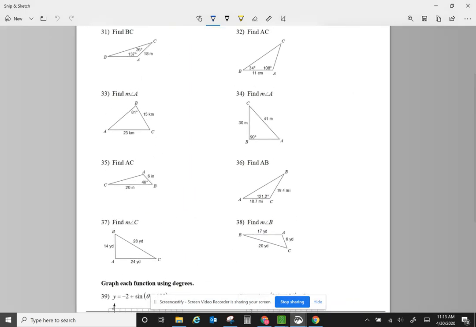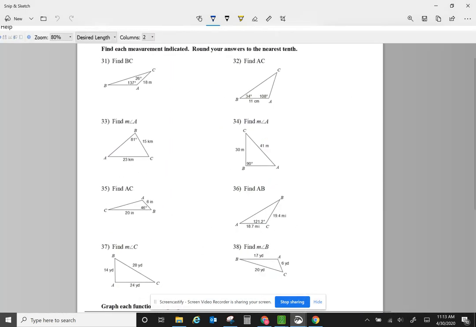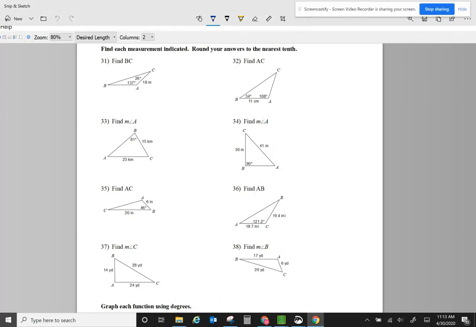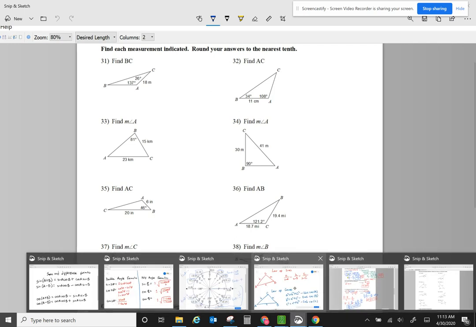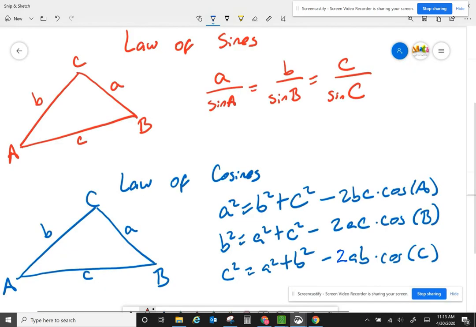Now, for questions 31 through 38, remember the law of sines and the law of cosines. Let me remind you guys of those rules. When am I going to use the law of sines?